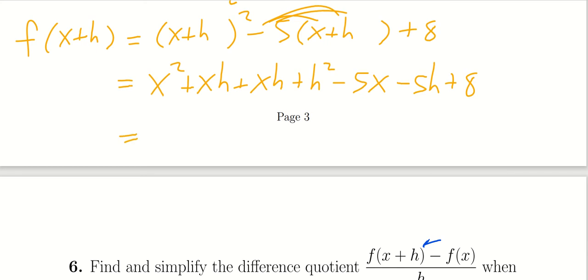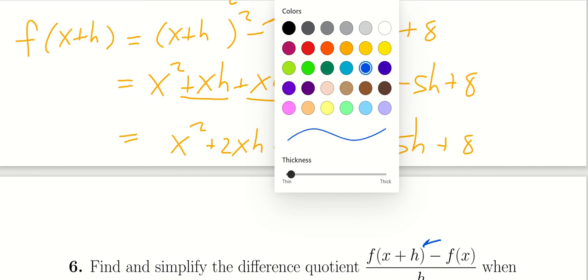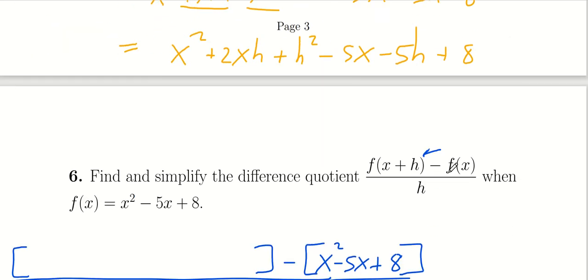The only other thing we can do with this step is combine some like terms. This gives us 2xh plus h squared minus 5x minus 5h plus 8, and that is our simplified version of f of x plus h.